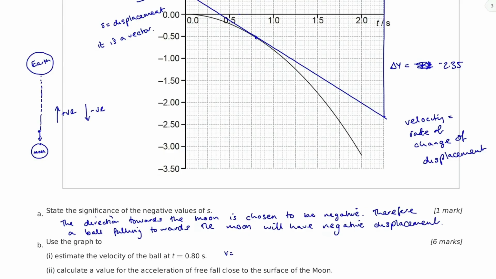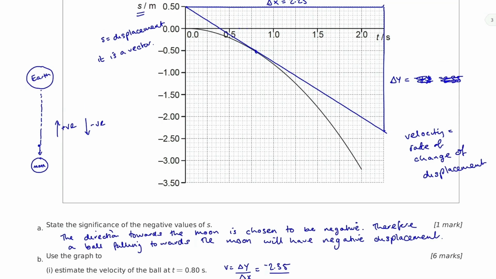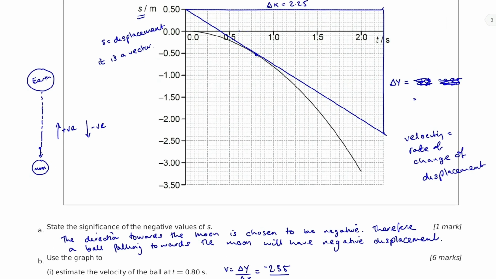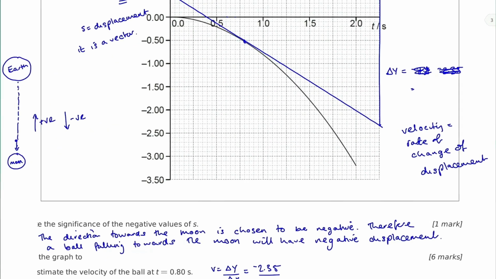v is equal to the value of the gradient, so it's delta y over delta x, so it's minus 2.35 divided by, oh, it's not 2.35 because it doesn't go from 0, oh my goodness, what is it? It's 2.85.